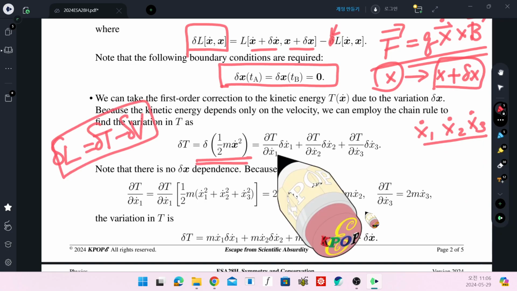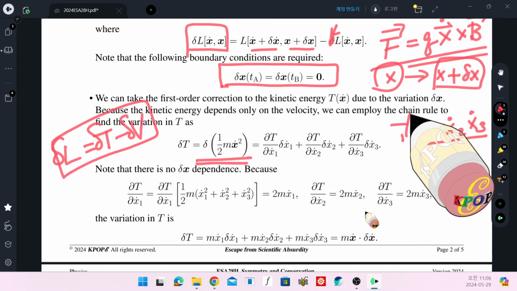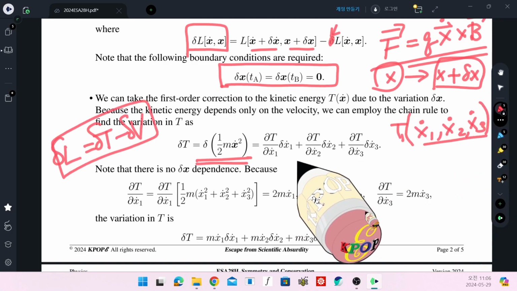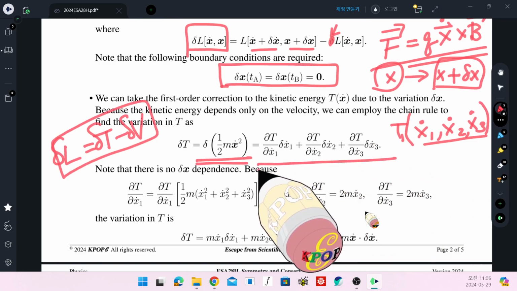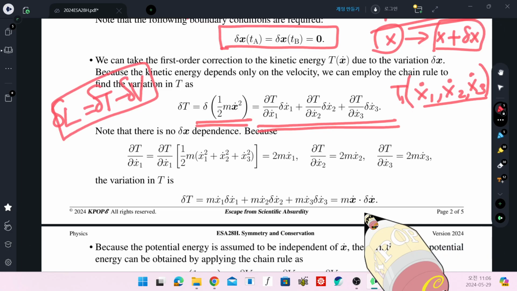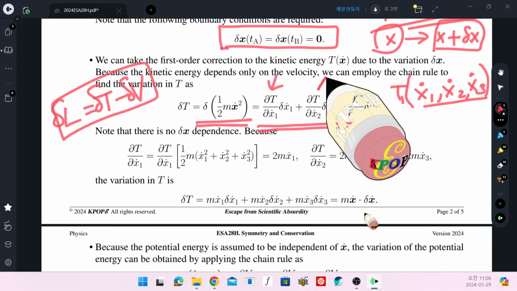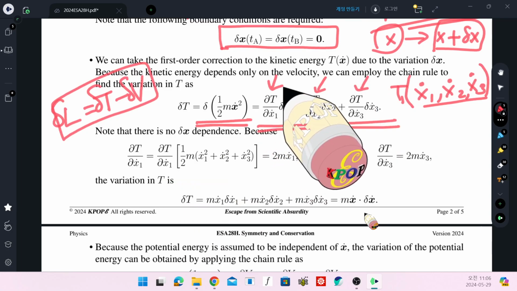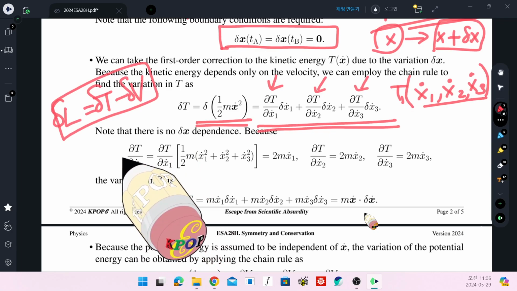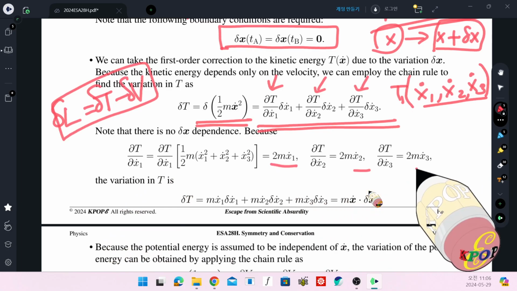Okay, so because the kinetic energy is a function of three variables, we can make use of the chain rule to find out the variation of the kinetic energy. The explicit computation can be made by substituting the explicit values for the partial derivative of the kinetic energy with respect to each Cartesian component of the velocity. The results are given here.